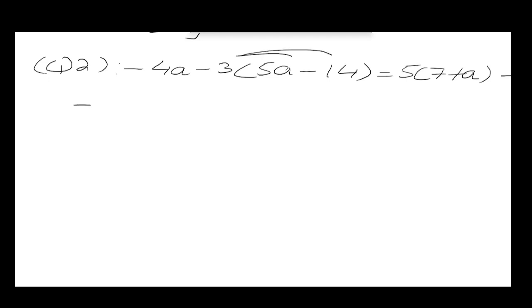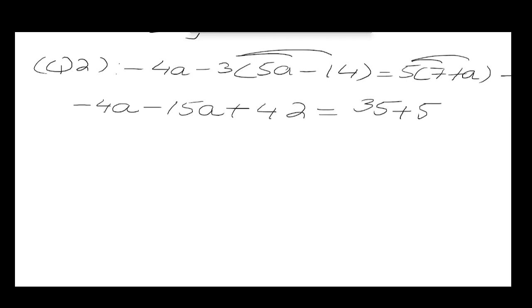So we will just write negative 4a as it is, and then we can write negative 15a, then the sign will change to positive, and 14 multiplied by 3 is 42. So we can write 42. After that, this 5 will be multiplied with the first term and then with the second. So that results in 35 added with 5a subtracted from 9.